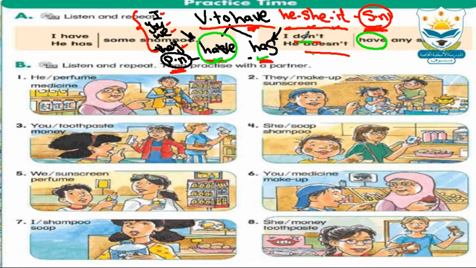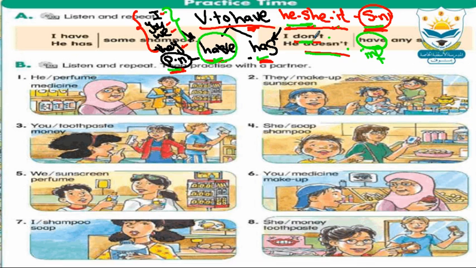And we use don't with plural subject pronouns, I, you, we, they, or any plural noun. But we use doesn't with singular subject pronouns, he, she, it, or any singular noun. And we learned also after don't or doesn't we should put the verb in infinitive. For example, I don't have. Why should we say have not has?